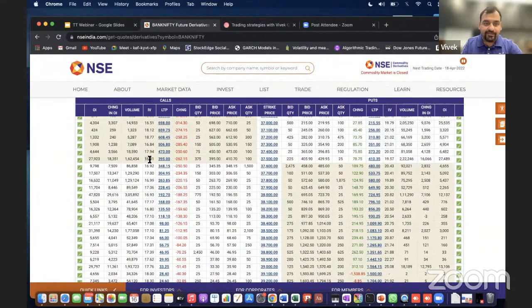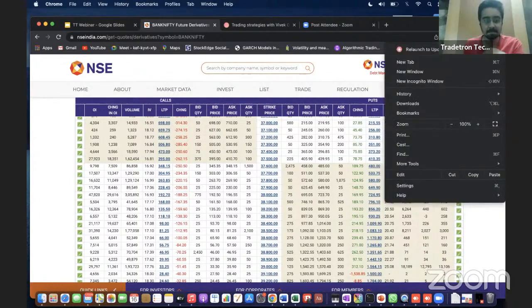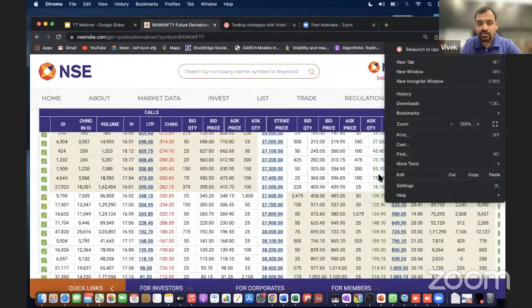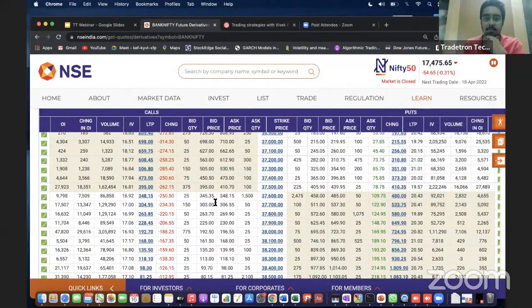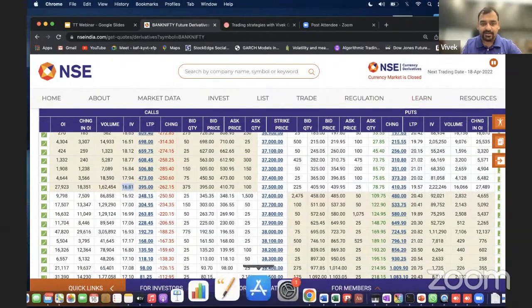And you can see the IV is 16.81. I don't know if it's too small or reasonably visible? It's reasonably visible. Yeah, I'll try to zoom it up a bit more. Probably better. Yeah, so 37,500 is showing IV as 16.81.